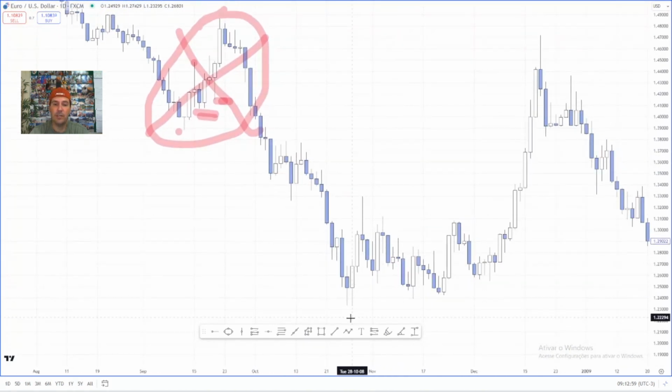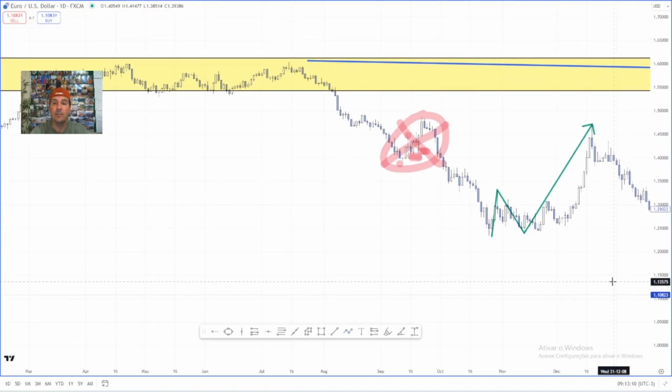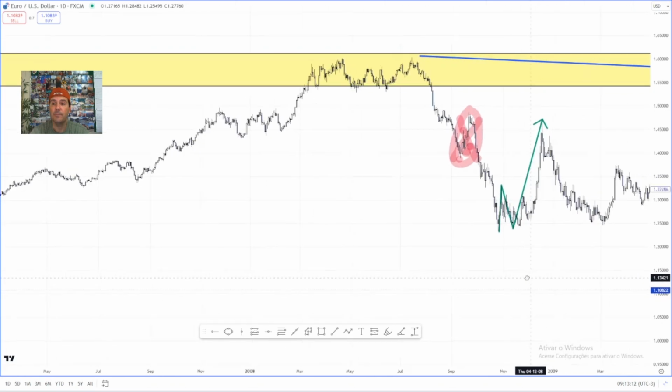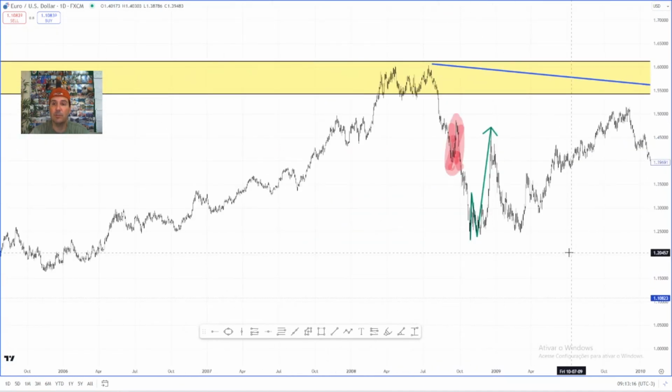I need to find a change in the short-term trend. Now we have low to high, high to low, higher low, low to high. Now that's a retracement. See how deep this retracement goes.